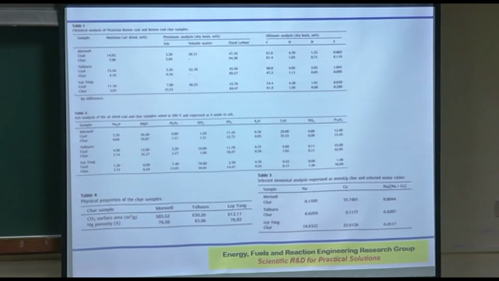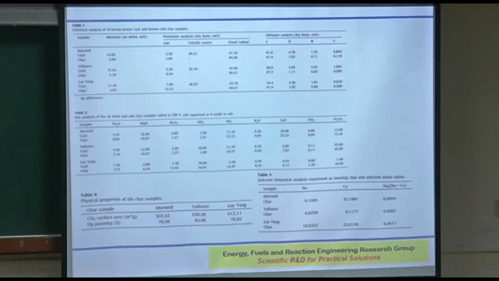So the question here is which method is good for measuring the surface area? These are just numbers telling you that these have very high porosity and high surface area. This can be measured by pumping in CO2 or by pumping in nitrogen.